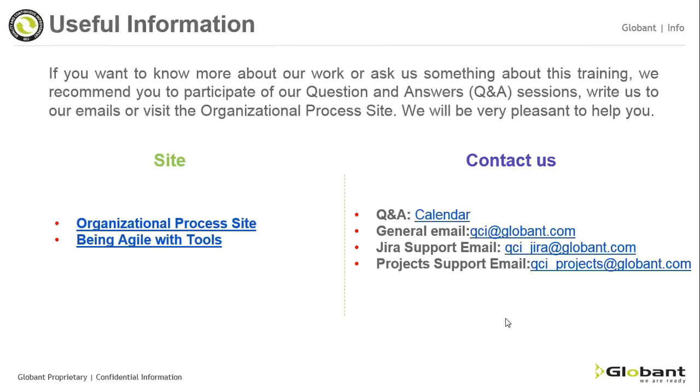For more information about how to use Jira in your project, you will find a guideline called Being Agile with Tools that indicates in great detail how we can implement these practices. We have a section that details our question and answer sessions divided into different categories. You will find a question and answer for Jira and Atlassian tools too.